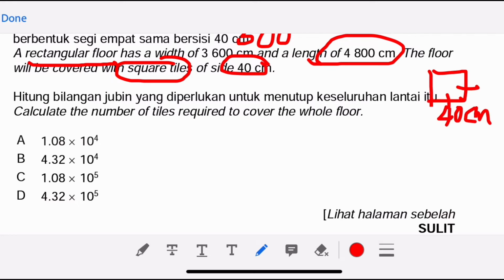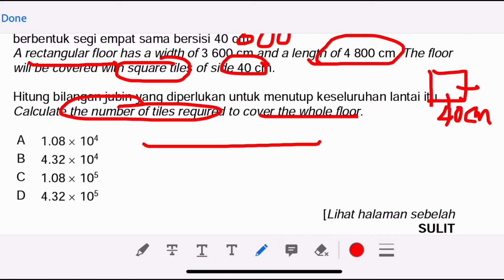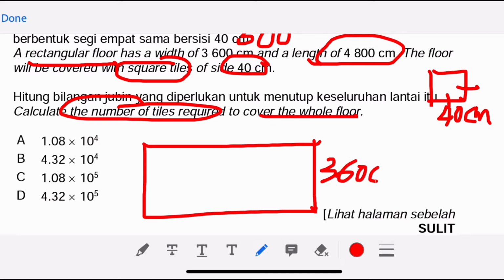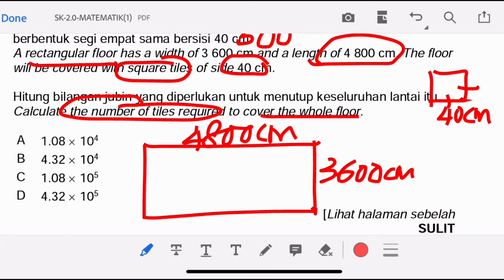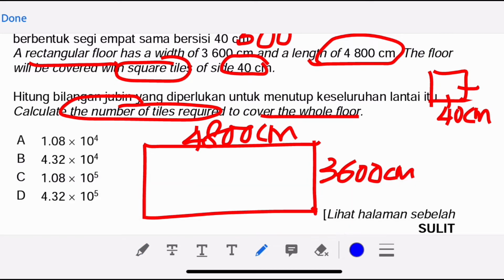So we are asked to calculate the number of tiles needed to cover the floor. The floor is rectangular, so this is the width and this is the length in centimeters. Let's say these are the blue tiles. We are going to place them here, 40 and 40, 40, 40.